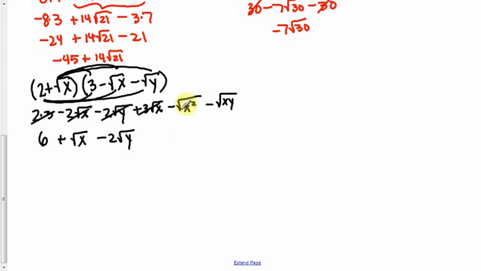This does simplify. The square root of x squared is x. And then that one does not have a like term either. That's as simple as you can get your answer, because none of these are like terms. This is the square root of x, that's the square root of y, that's the square root of x times y, that's just an x, that's just a number.